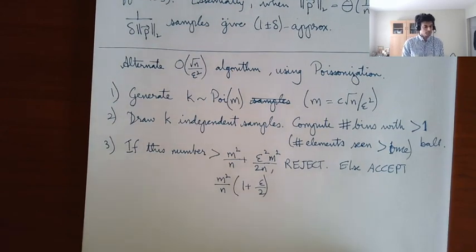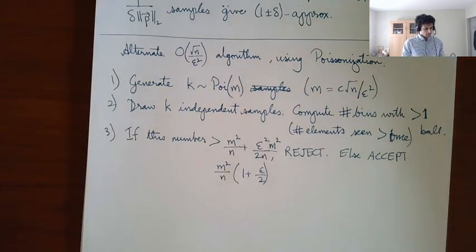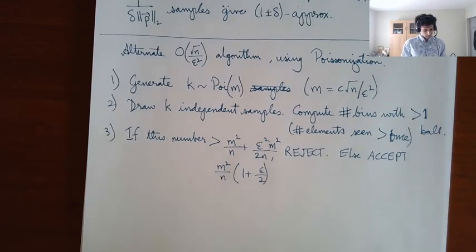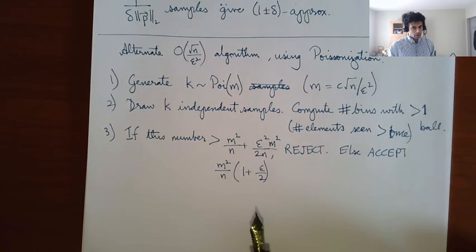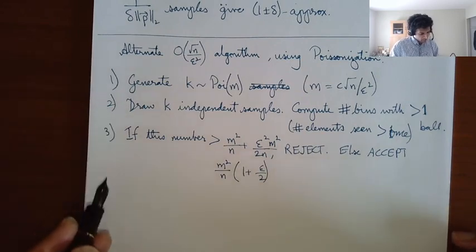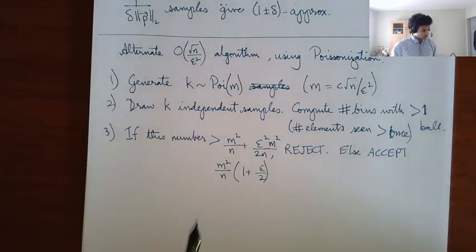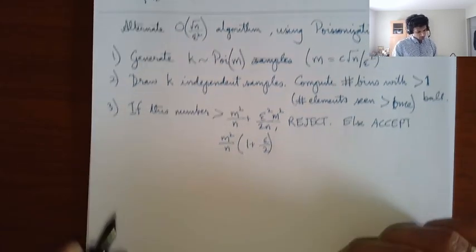Okay? What if it's a distribution that has one really big weight, and so you see that bin a lot, but it only counts once? So that's a good point, and this is where I did a fudge.